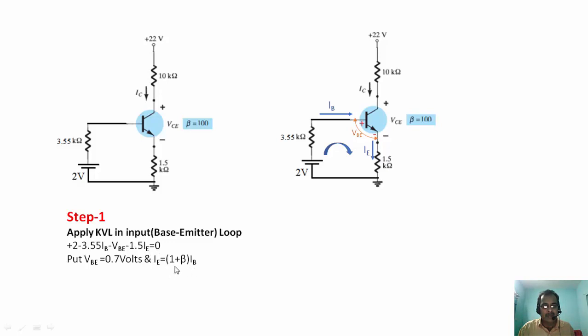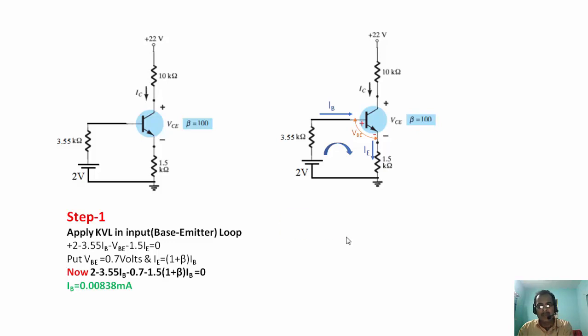IE is equal to 1 plus beta IB. After putting these values, the equation becomes like this. Now, we can find the value of IB. IB is 0.00838 milliampere. Always remember, we have to calculate the IB up to 6 decimal places.